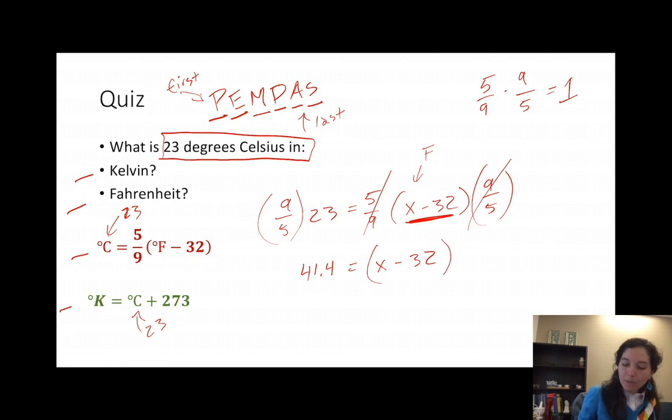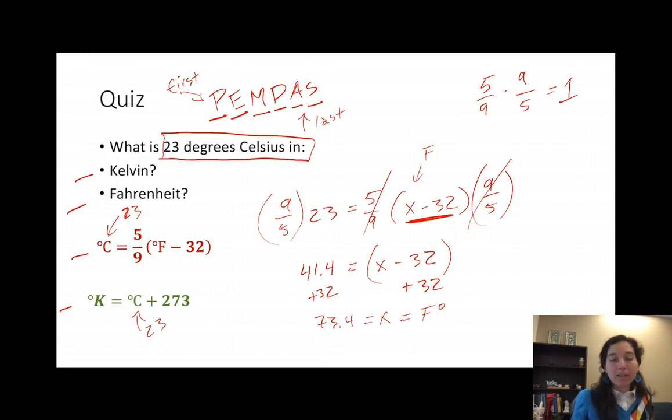Now we can get rid of the parentheses and add 32 to each side. If you do that, you end up with 73.4 is equal to x, which is your temperature in Fahrenheit. So 23 Celsius is 73.4 Fahrenheit.